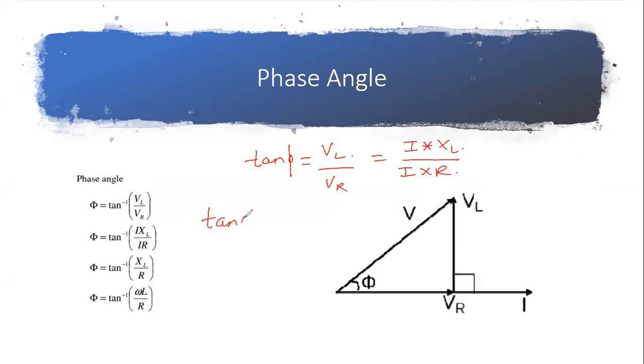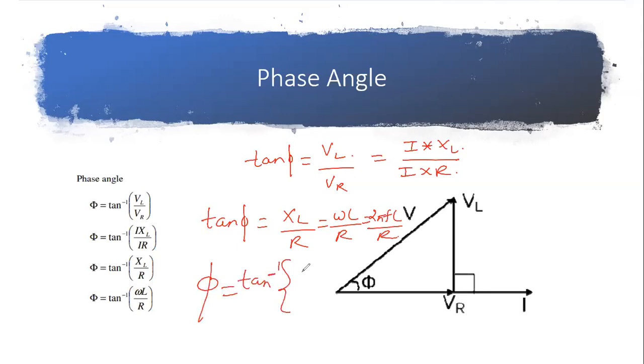So you have tan phi as XL by R, or you can write it as omega L by R, or 2 pi F into L by R. If you want to get phi, you'll take an inverse on both sides. So phi is tan inverse of 2 pi F L by R, or tan inverse omega L by R.